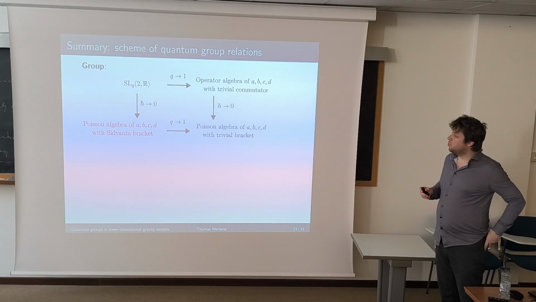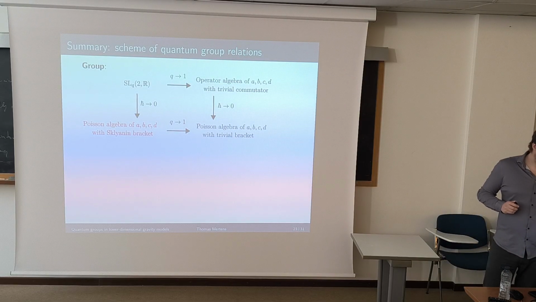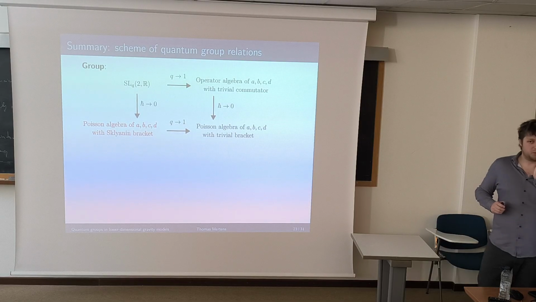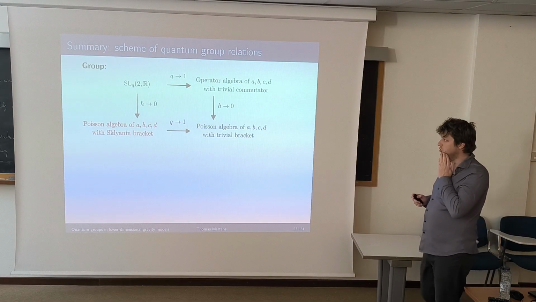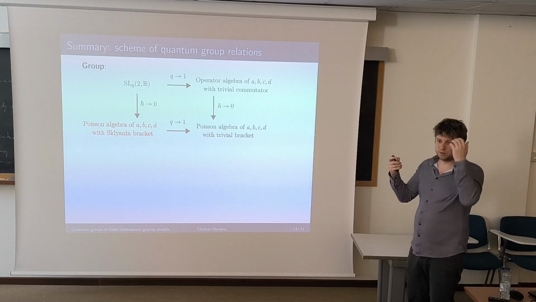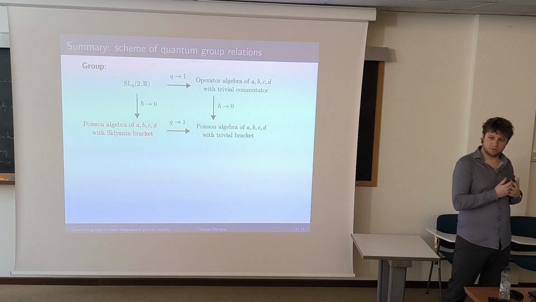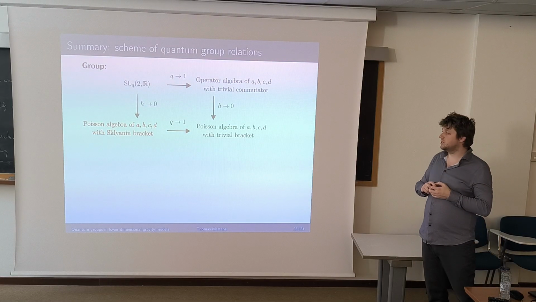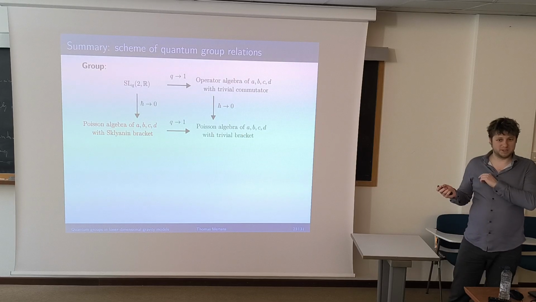So maybe one comment that I should make at this point. I haven't really specified or emphasized this, but when I say the h bar to 0 limit, so we take a full quantum group and in the h bar to 0 limit we get these Poisson brackets, I want to emphasize that this is very different from the q to 1 limit.